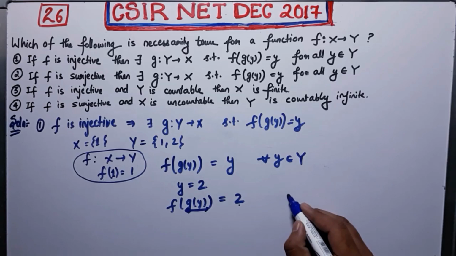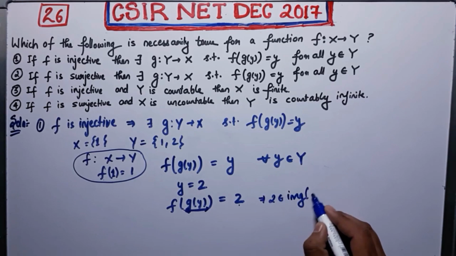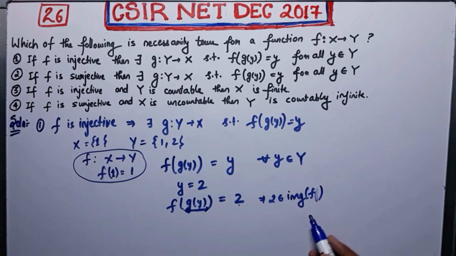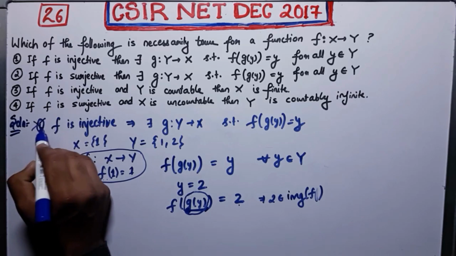That would guarantee that 2 belongs to the image of f. Is that possible? No, because the image of f contains only one element, that is 1. So the existence of this function is never guaranteed. There will exist no such function that gives you 2. Therefore this statement is wrong, by taking this as my counterexample. So the first one is incorrect.